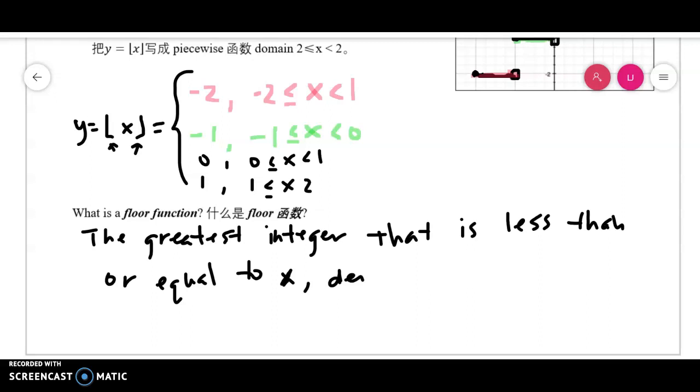And this is denoted like this, like the way it was in your table. Floor of x is written like that. So that is a floor function.